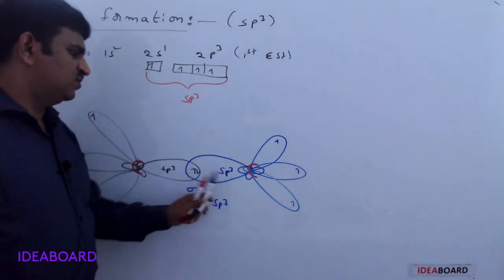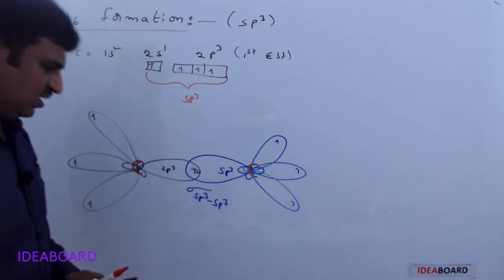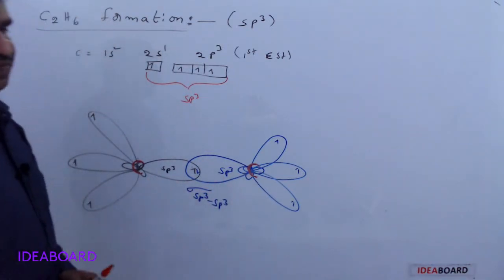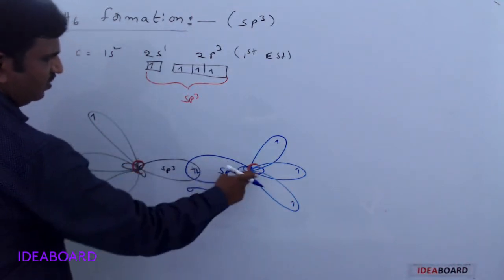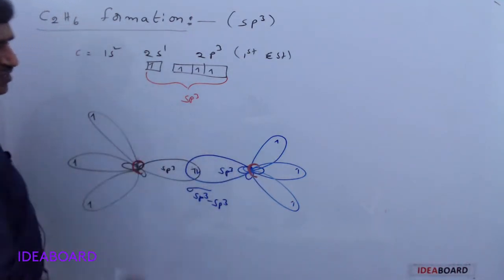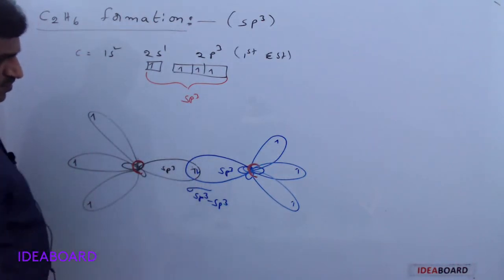Here the sp3 hybrid orbital of one carbon and the sp3 hybrid orbital of the second carbon overlap and form a sigma sp3-sp3 bond. And this is the overlapped area.